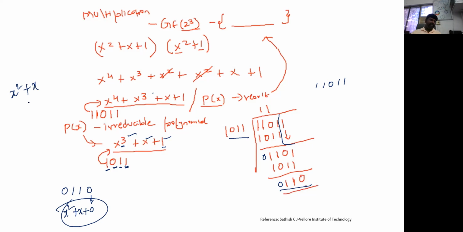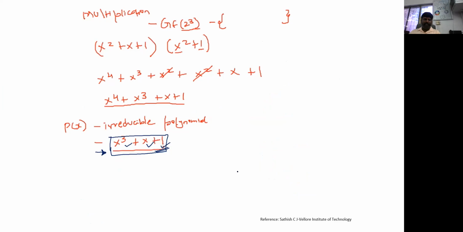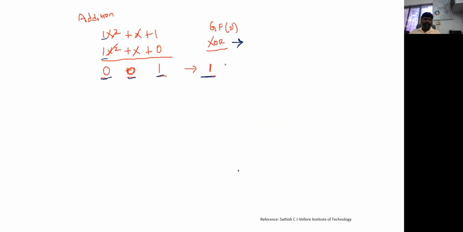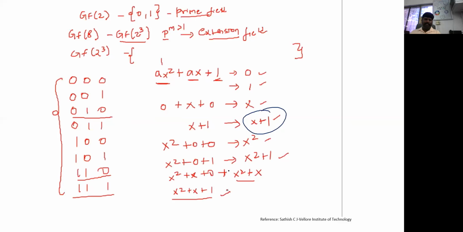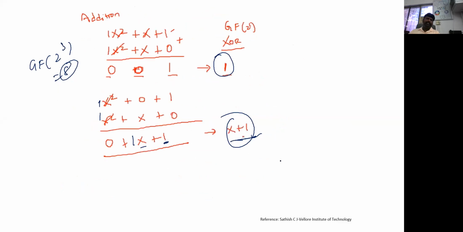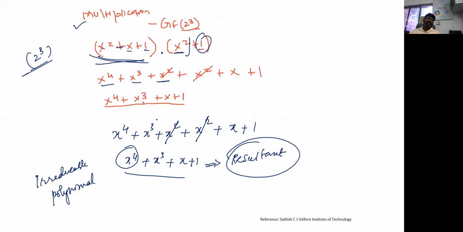Now let me check whether this value is part of the 2 power 3 prime field. So x square plus x is part of the 2 power 3 field. So I can consider this an acceptable result for this multiplication of two polynomial equations that comes under this Galois field 2 power 3. I hope this is clear.